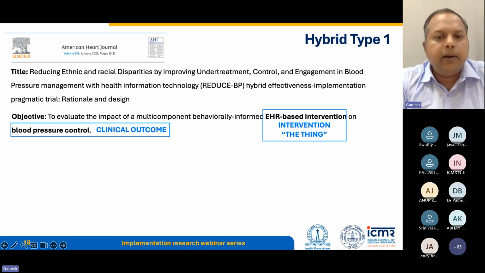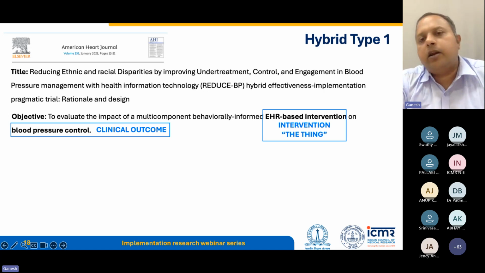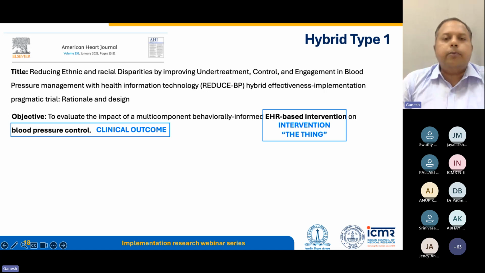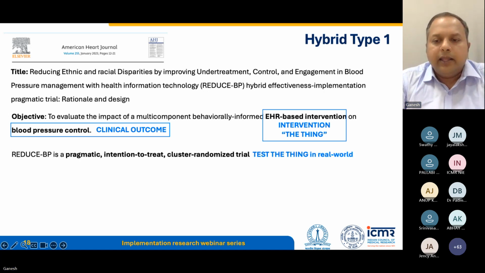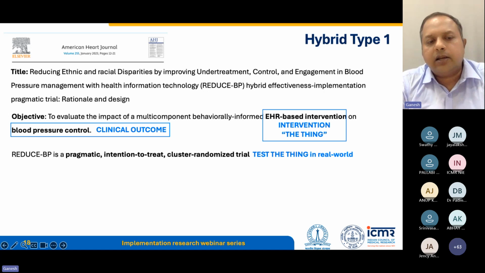So in this hybrid type 1, the primary outcome is to evaluate the effect of the electronic health record-based intervention on hypertension management to improve blood pressure control, which is a clinical outcome. Testing the thing in a real-world setting is what they are trying to tell. A pragmatic intention-to-treat cluster randomized trial is the design they have adopted.